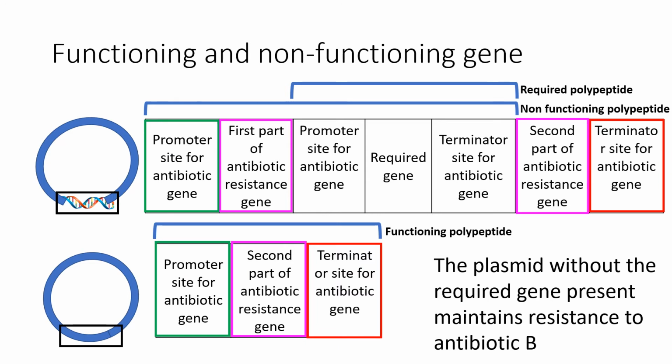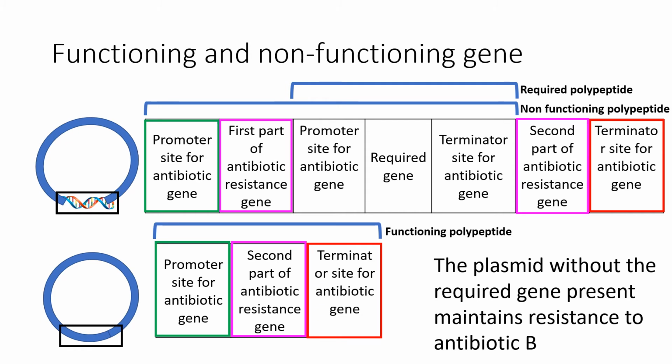Well, what we've got in antibiotic resistance is a kind of functioning and non-functioning gene. Either the inserted gene has inserted itself into the middle of the antibiotic resistance B gene.